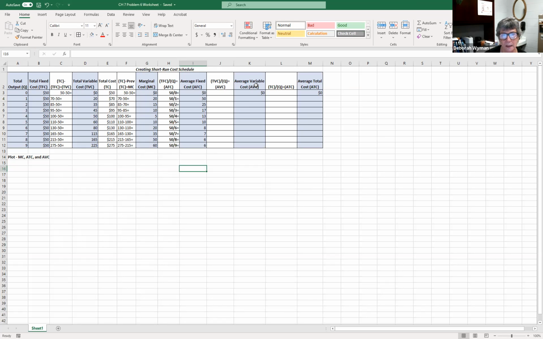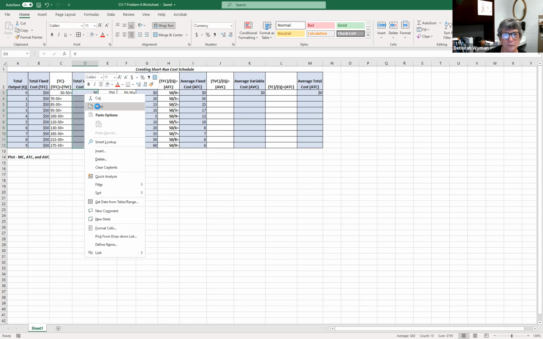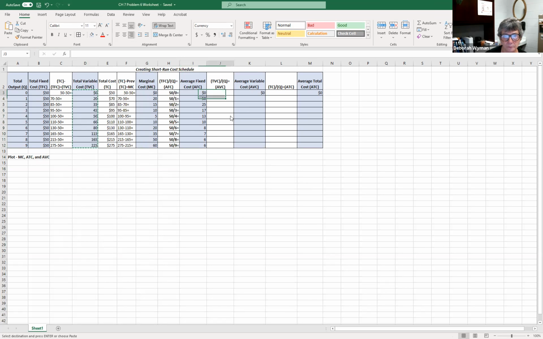So where are our variable costs? So our total variable costs are here, right? So let's just copy this down. Put it over here. And we're going to do divided by quantity. So 0 divided by 0 equals 0.